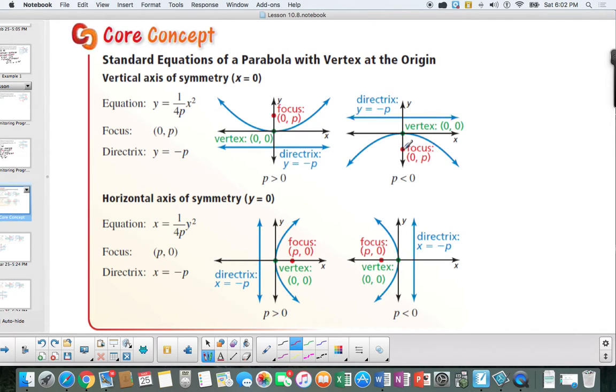So if the focus ends up being here, the directrix is on the opposite side. Now when the parabola is sideways, the parabola always likes to curve into the focus, and the directrix is always on the opposite side of the parabola. And if this is the focus, it's turning into, and then here's the directrix.